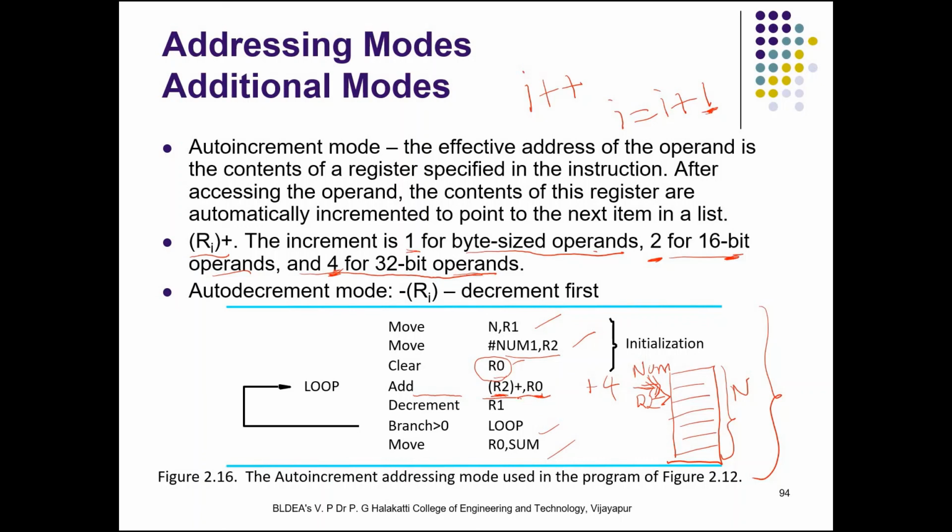In this auto increment, it will be incremented by 4 so that it will point to the next number. Now this process goes on as long as the content of R1 is greater than 0, till we add all the n numbers, this will be repeated. Okay.